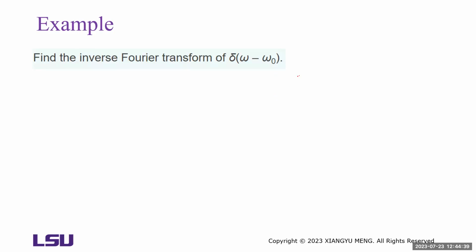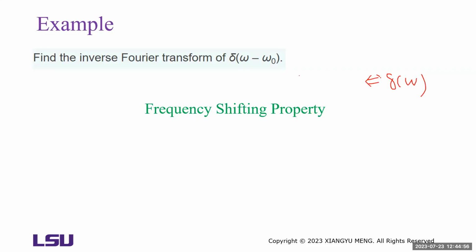The property we are going to use is the frequency shifting property. We know from the earlier result that the inverse Fourier transform of delta(omega) is 1 over 2 pi.